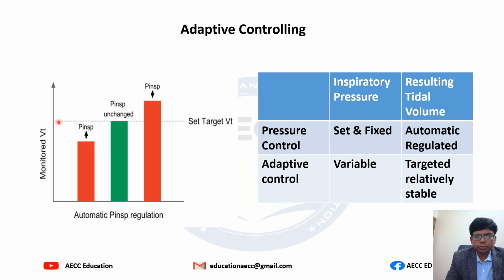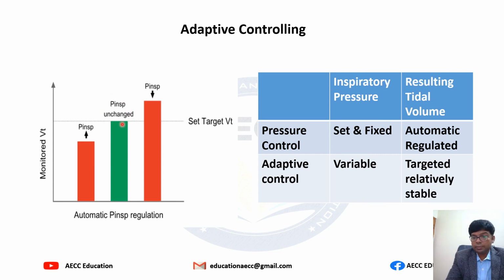Look here, the example of the adaptive controlling is the PRVC mode. So if you set the target tidal volume of 400 ml, and the ventilator achieves this target volume of 400 ml, there is no change in the peak inspiratory pressure.